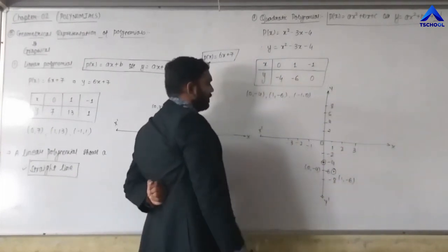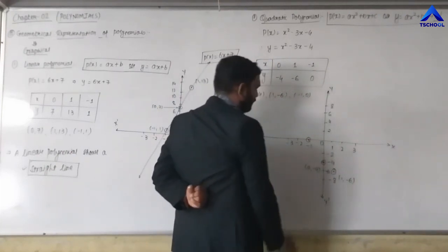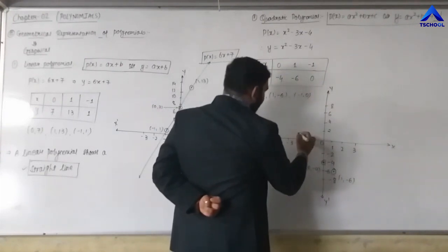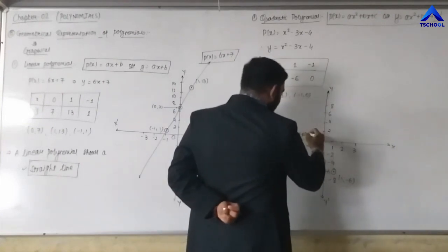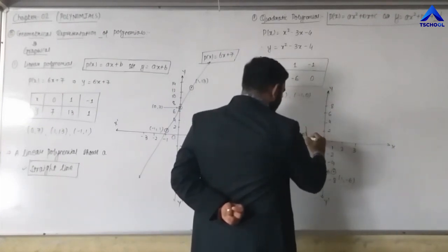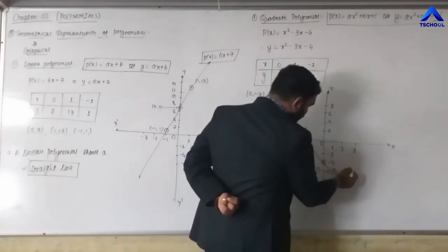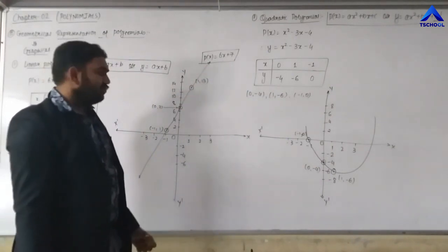And on minus 1 I am having 0, so on minus 1 it will be 0 here. Like this, right? So if I plot the points and if I connect them, then I shall get a curve like this. It would be on the other side also, right?